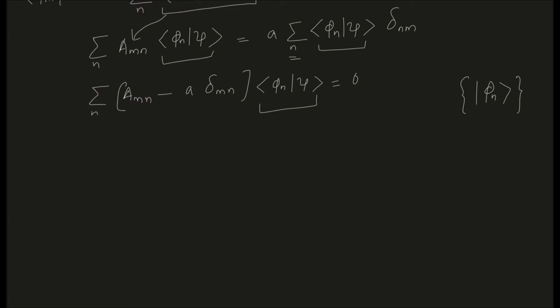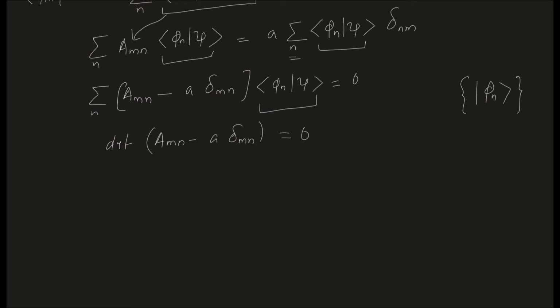So this system of equations can have a non-zero solution if its determinant vanishes. That means the determinant of A_mn minus small a delta mn must be 0 in order to get a non-zero solution.